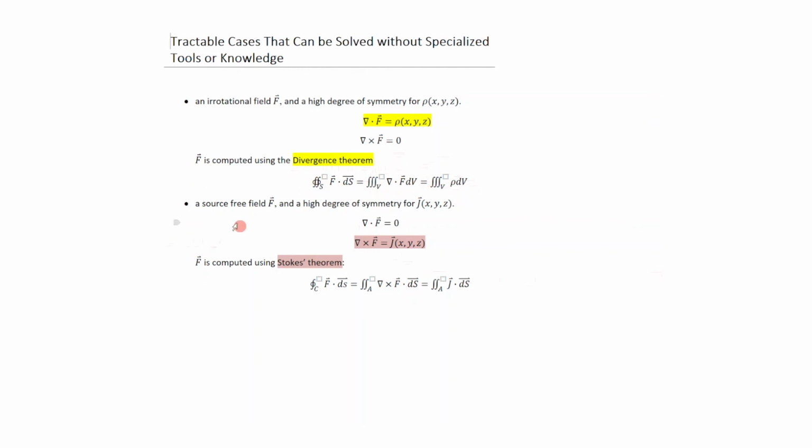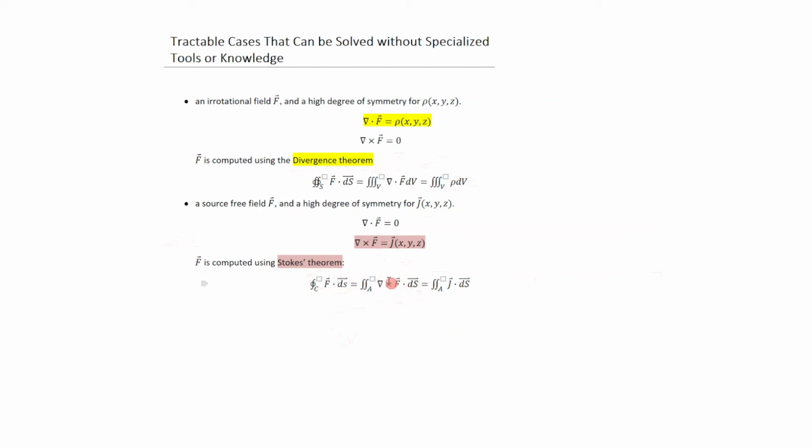For the case of a source-free field and a high degree of symmetry for J, we would be dealing with the solution to the curl of F equals J, the vector J. So we compute that with Stokes' theorem. For Stokes' theorem, you have a closed contour integral equal to the curl of the vector field integrated over an open surface that's bounded by the contour.